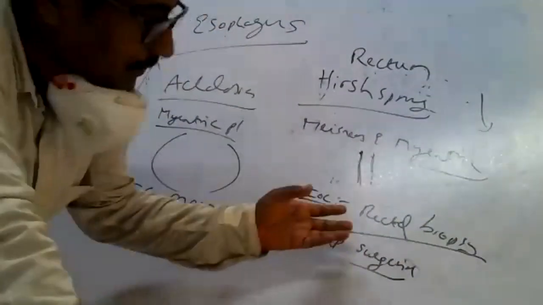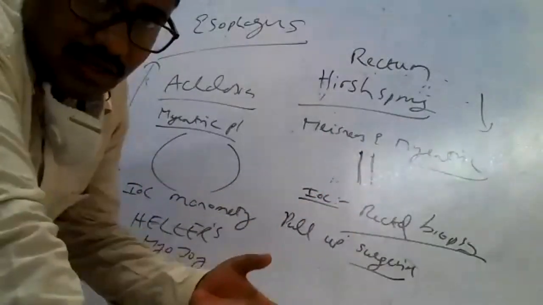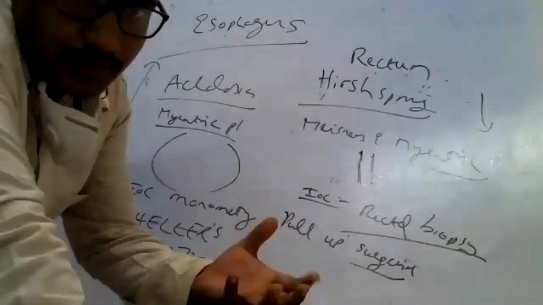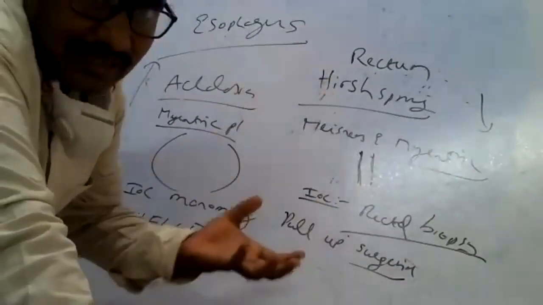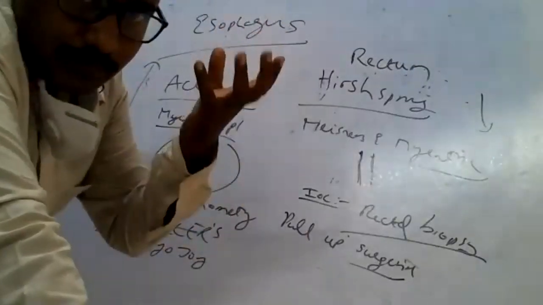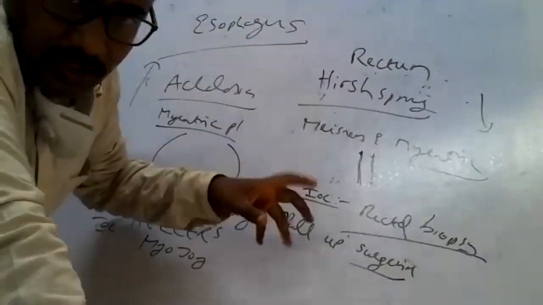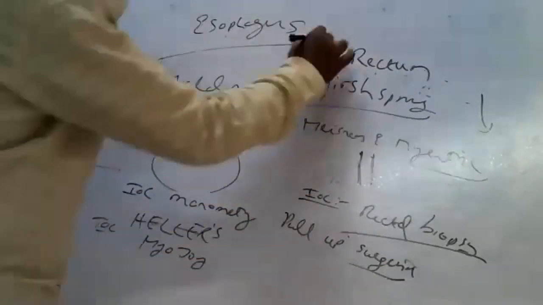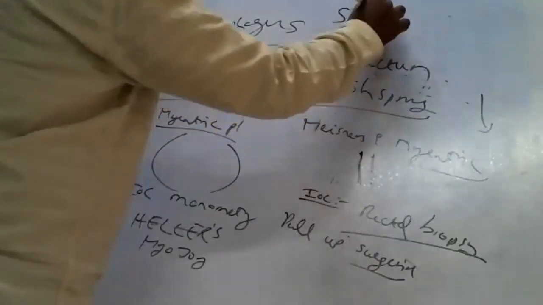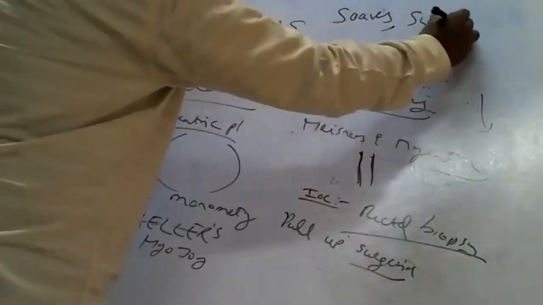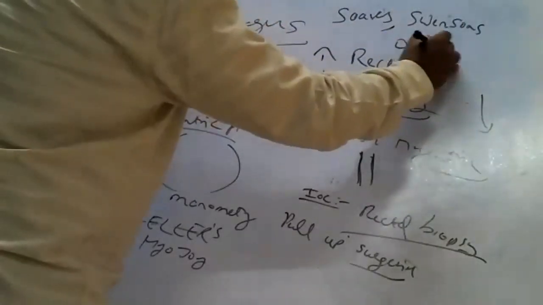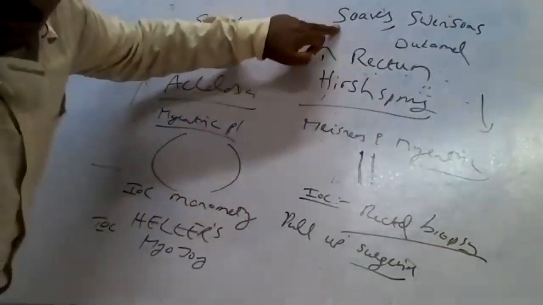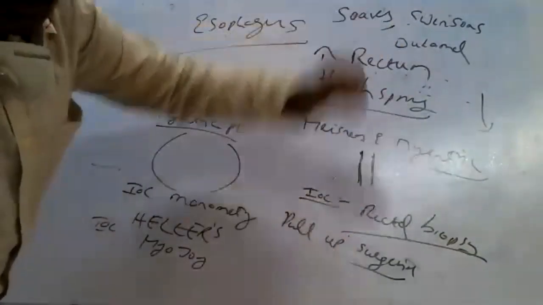You will pull down the rectum and attach it to the intestine above, that is the descending colon, so that nerves will cause motility of this rectum. What are the names of the pull-through surgeries? Soave's, Swenson's, and Duhamel. So pull-through surgery is the treatment of choice for Hirschsprung disease.